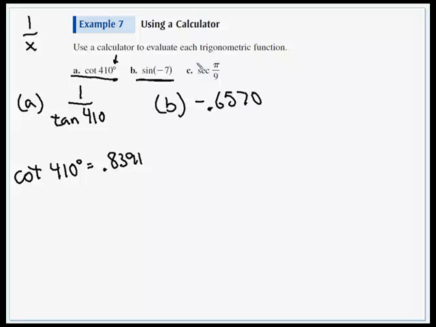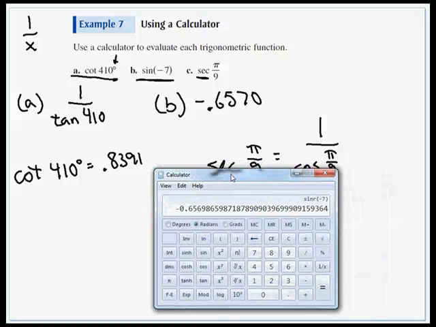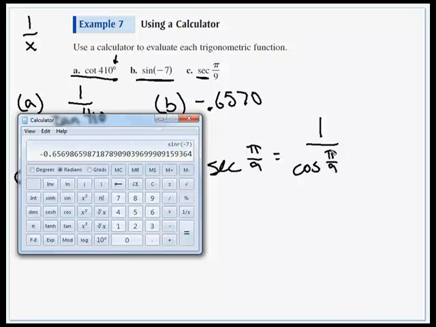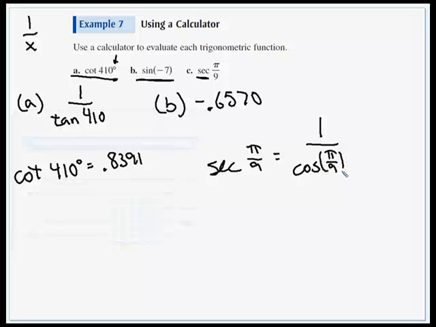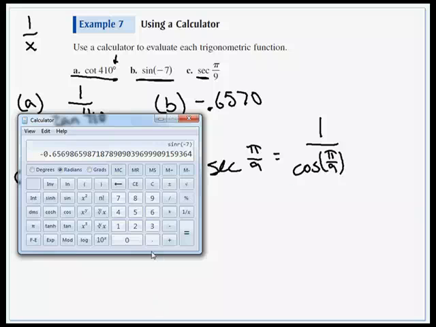And in the last one, we are still in radian mode, but now we got a pi in there, and we're finding secant. Secant is not a button on the calculator, but secant of some angle, pi over 9, is the same thing as 1 over the cosine of that same angle, pi divided by 9. So on the calculator, we're going to do pi divided by 9, and then the cosine of that.